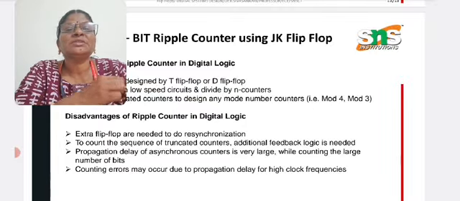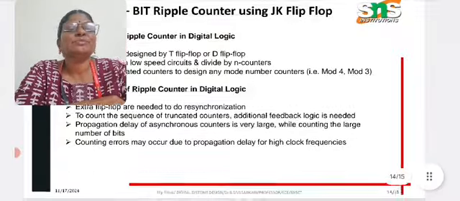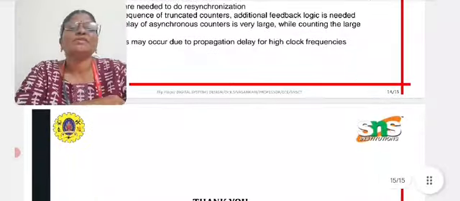Disadvantages of a ripple counter in digital logic: extra flip-flops are needed to do resynchronization. To count the sequence of truncated counters, additional feedback logic is needed. Propagation delay of asynchronous counters is very large while counting a large number of bits. Counting errors may occur due to propagation delay at high clock frequencies.